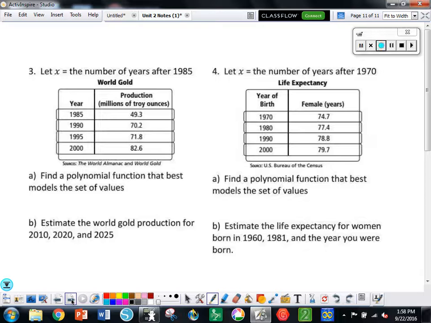Okay. So, this is talking about gold and production. Me, personally, when it's years, I hate to put 1995 in, for the fact that that gives me some large values when I put my equation back in. Does that make sense to everyone?